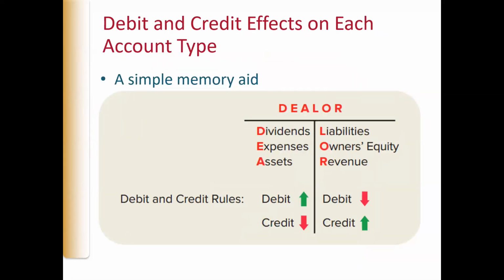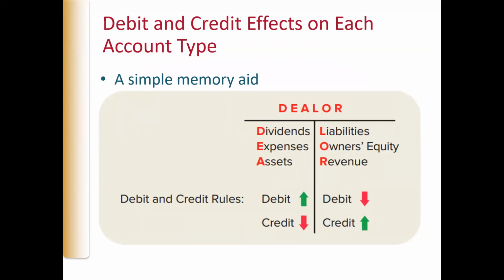This is another slide you have to write down and keep beside you. DEA: those categories stay on the left-hand side of the equation, meaning to increase dividends, to increase expenses, or to increase assets, you debit them.